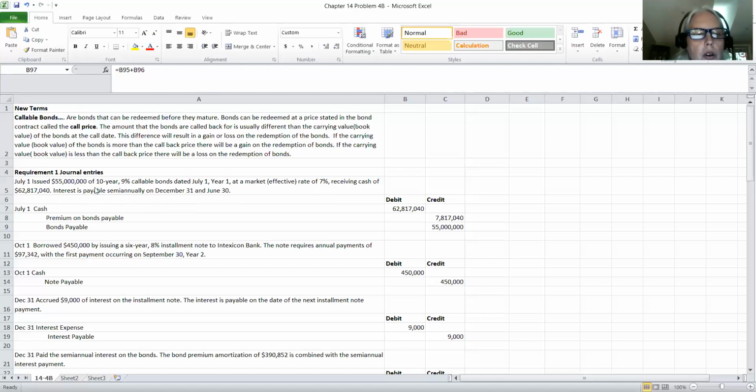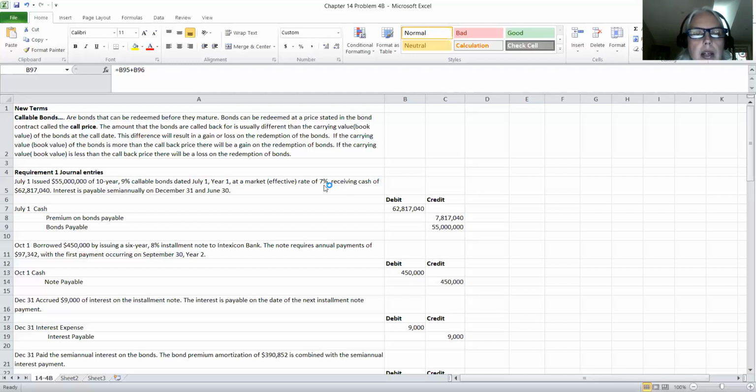When we look at the journal entry for July 1st, it tells you the face value of the bonds. It also tells you the life of the bonds is 10 years and that there is a 9% interest rate on these bonds. Because the 9% interest rate on the bonds is what we refer to as the contract rate of interest, it's different from the market rate of interest, which is 7%.